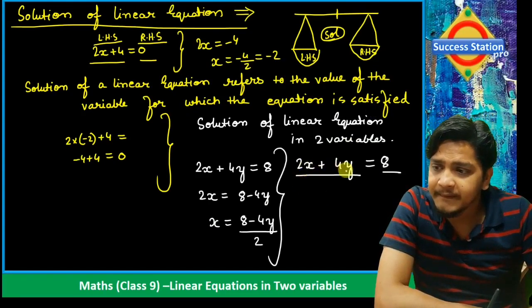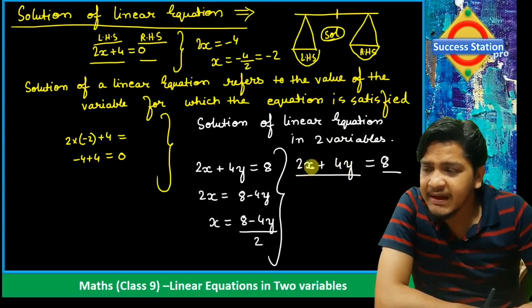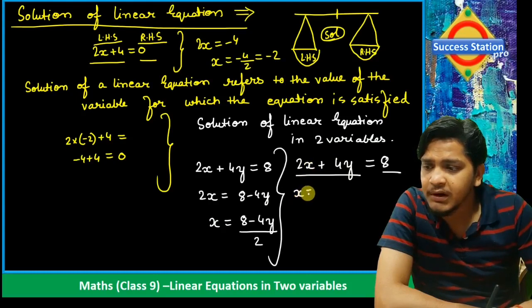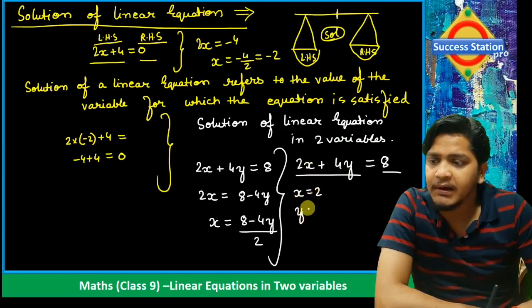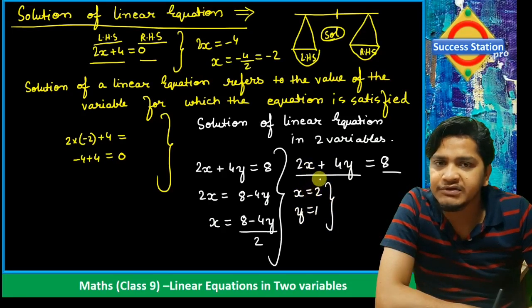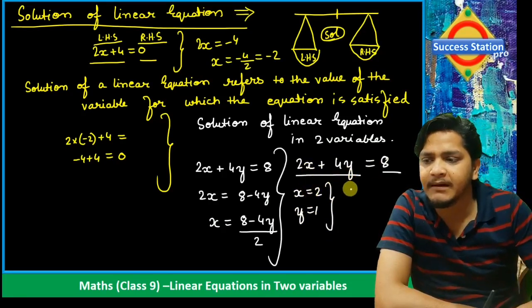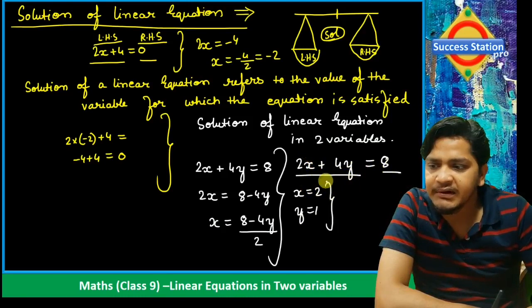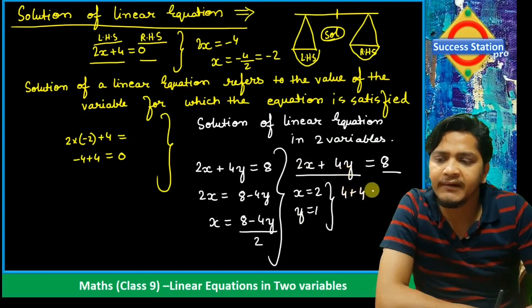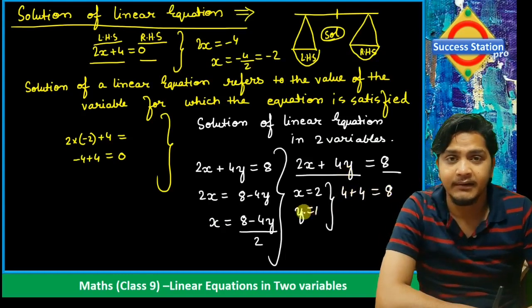So if we put x equal to 2 and y equal to 1, will the equation be satisfied? Let's see. For x, you put 2, we get 4, and then 4 plus 4 is 8. So left hand side equals right hand side.